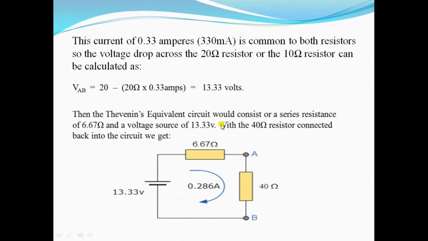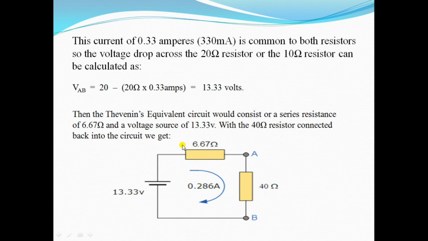The Thevenin's equivalent circuit would consist of a series resistance of 6.67 ohm and a voltage source of 13.33 volt, with the 40 ohm resistor connected back into the circuit.